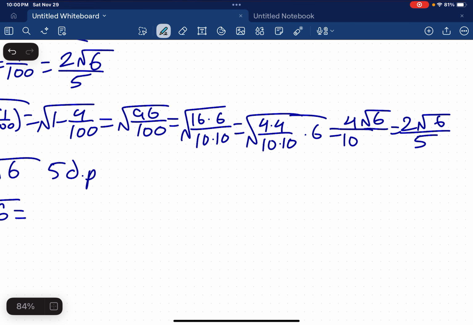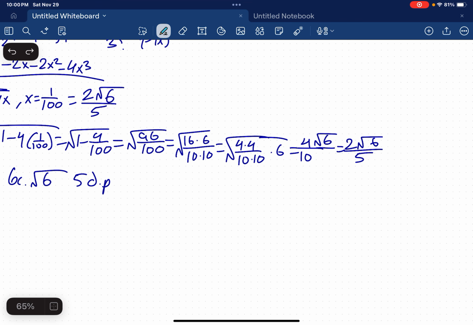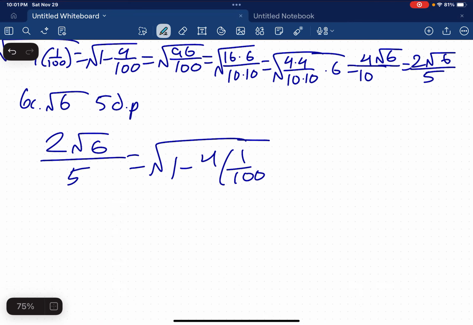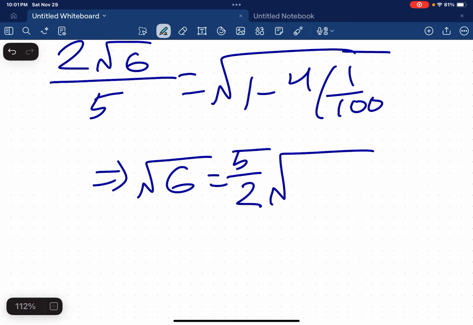Actually, okay, we'll just start it up from what we had over here. Remember that we showed that this was equal to the square root of 1 minus 4 times 1 over 100. That means that the square root of 6 is going to be equal to 5 divided by 2, over 1 minus 4 times 1 over 100.